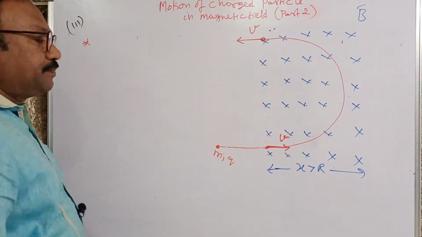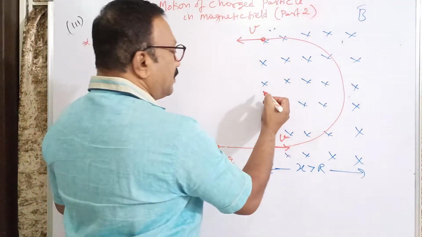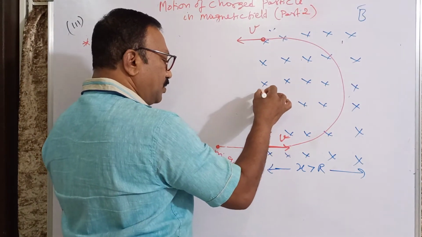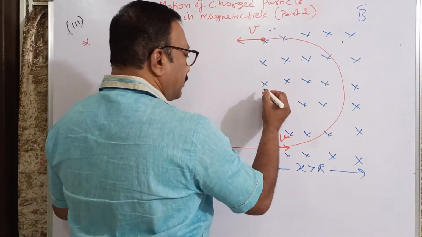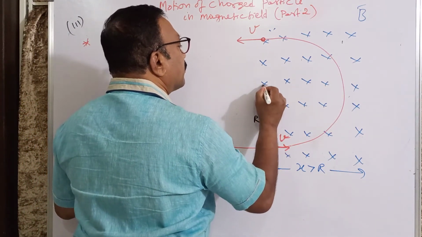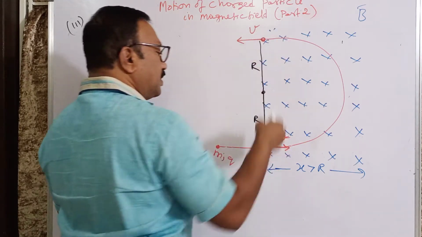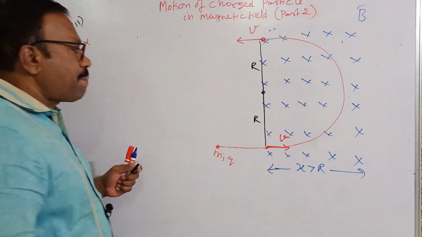First, what is the angle of deflection? See, this is the center, this will be the radius. This is the diameter. Okay.